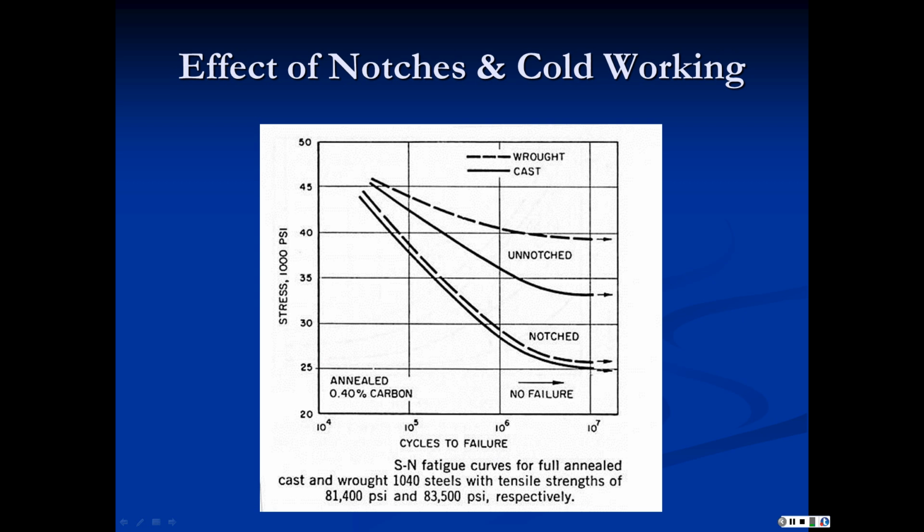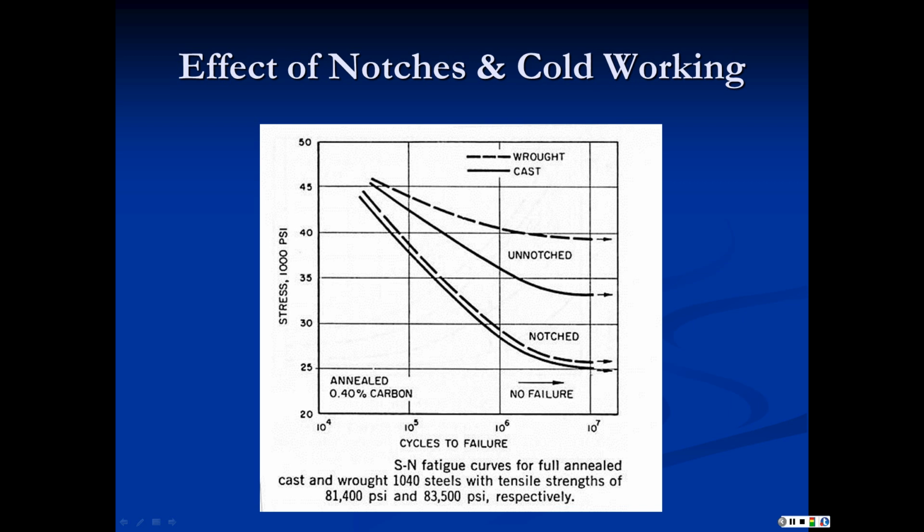Cast means the molten metal is simply poured into a mold, and it's allowed to harden, and so that may have defects in it. It can have inclusions. The grain structure can have defects built into it. Because of the casting process, you can have things called dendrites.